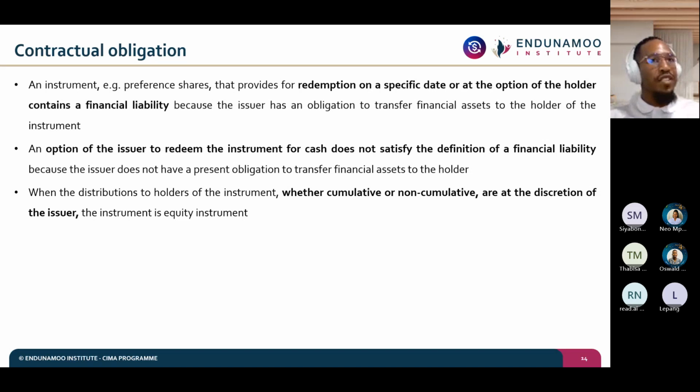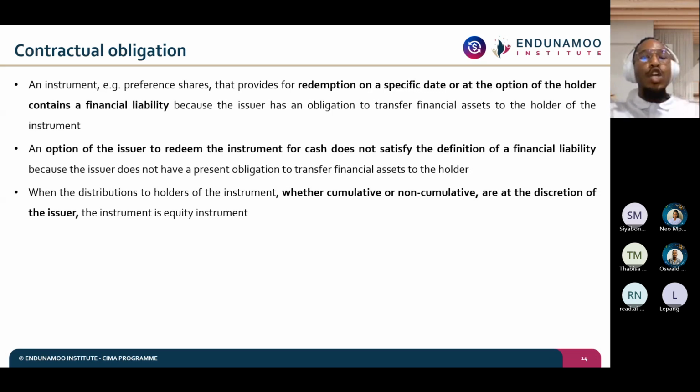So if you issue these preference shares today, being the 24th of April, and the terms of the preference share say in 5 years' time, meaning on the 24th of April in 2029, you are going to have to redeem these, then today, on the date of issuance, you already have an obligation because the contract between yourself and the holder stipulates that in 5 years' time, you are going to have to transfer cash to the holder as redemption for these.